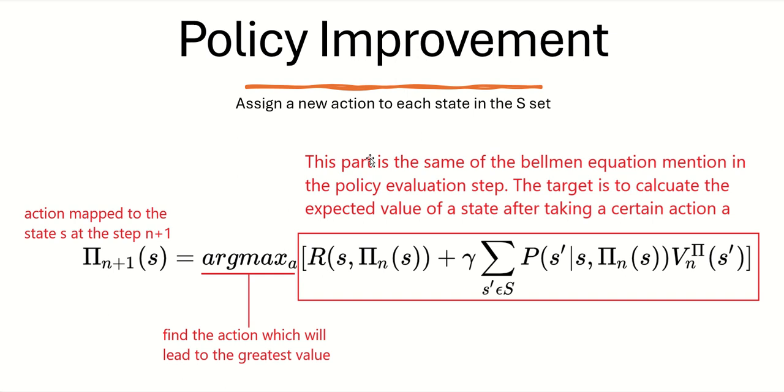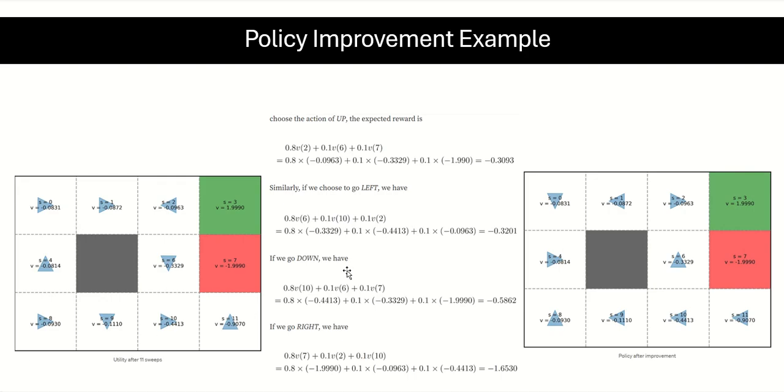The second substep is called policy improvement. It just reassigns a value to each state. So here is an example. We still take state 6 as an example. If we choose action up, it has 80% probability to go to the up state, which is state 2.